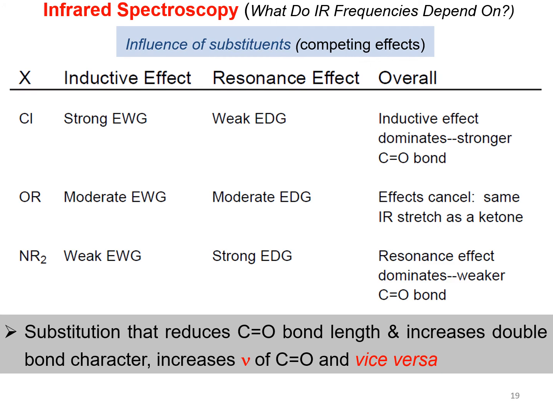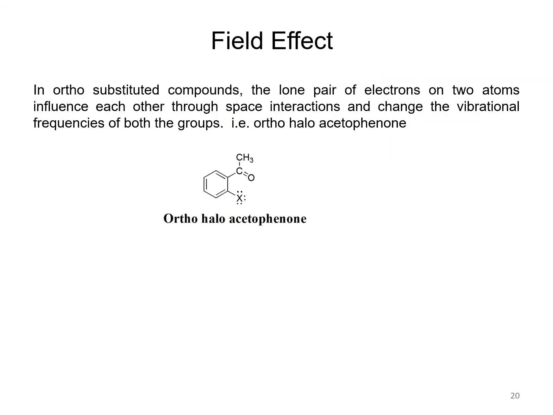In the amine group, the resonance effect dominates and weakens the C=O bond. So a substitution that reduces the C=O bond length and increases double bond character increases the frequency of C=O, and vice versa.